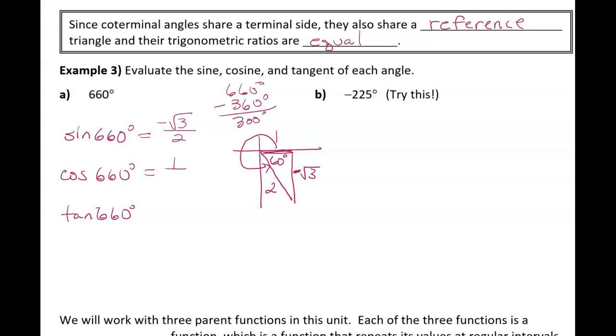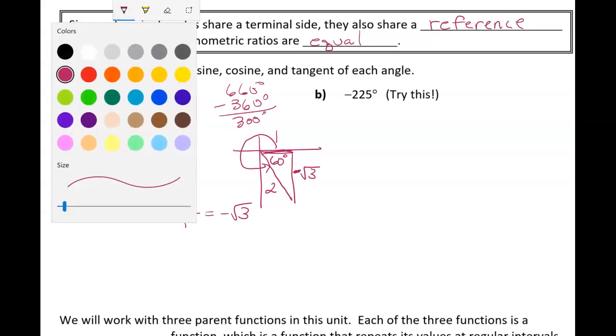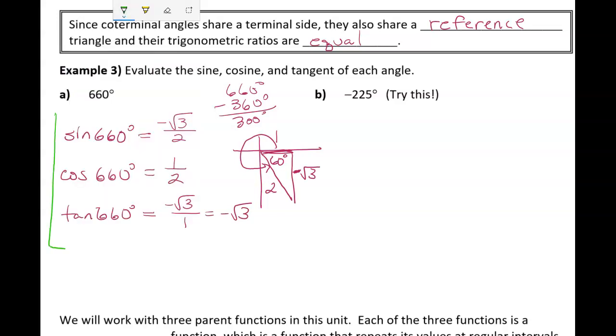Cosine is positive 1/2, that's adjacent over hypotenuse. And tangent is negative square root of 3 over 1, opposite over adjacent. And that's going to simplify to negative square root of 3. We always want to simplify if we have an expression that's divided by 1. There's all of our answers.